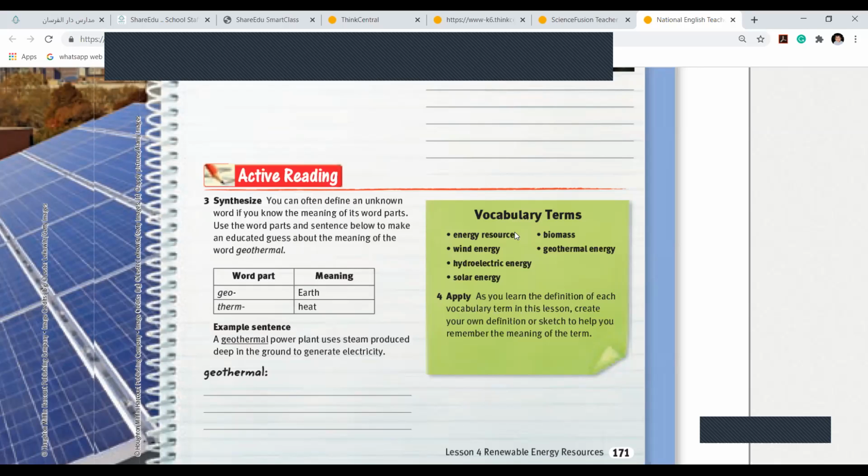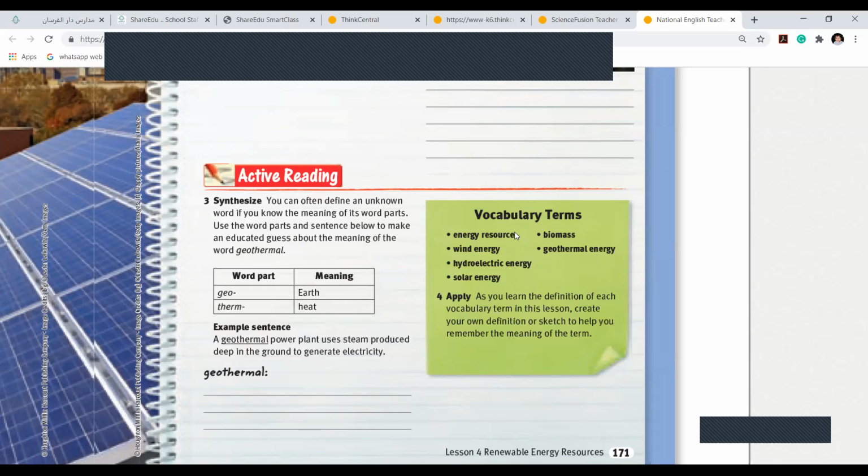Geothermal energy. Please underline geothermal. Can all of you underline the word thermal? You must remember, when I say thermal, that is exactly heat. Whenever you hear the word thermal in your life, you must know it's something related to heat, like thermometer. It's again checking your heat. Geothermal energy is like heat energy.